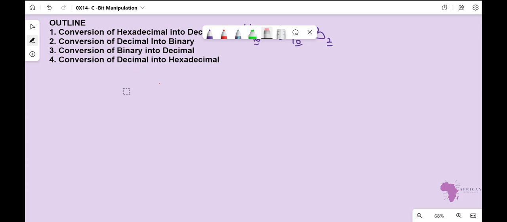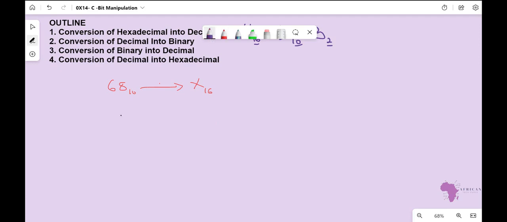We want to convert it to hexadecimal. So our number here is 68 in base 10, and we want to convert it into a number x, which we don't know yet, in base 16. How can we do that? Let's see each step.